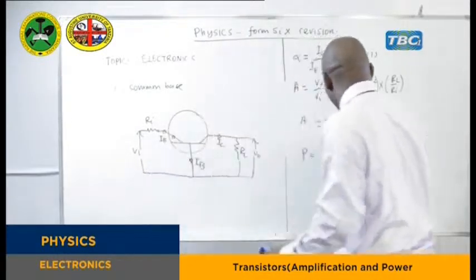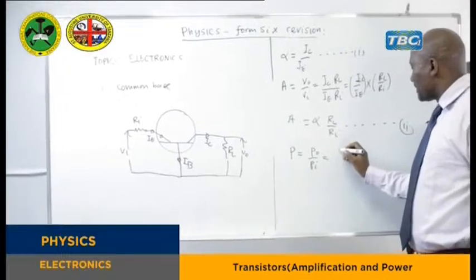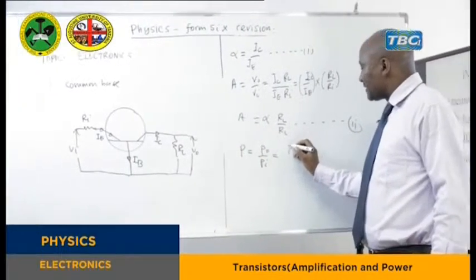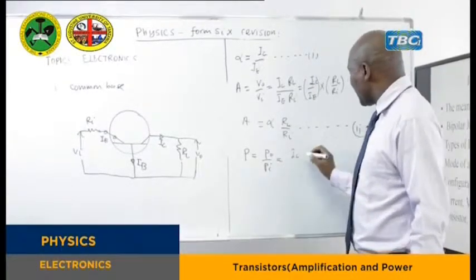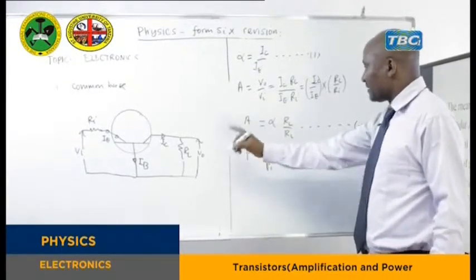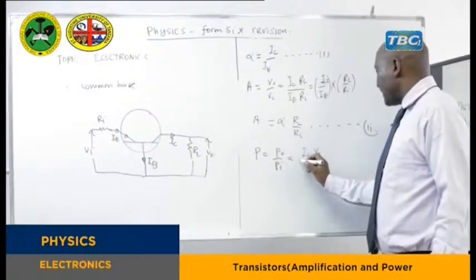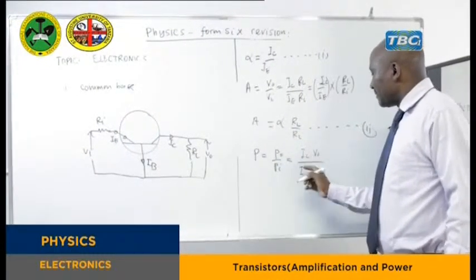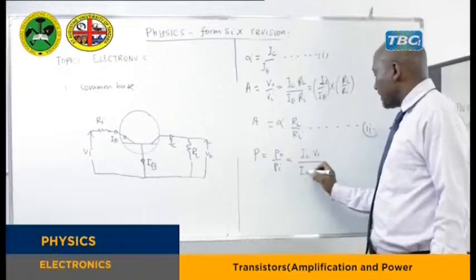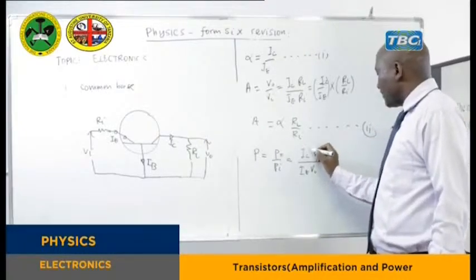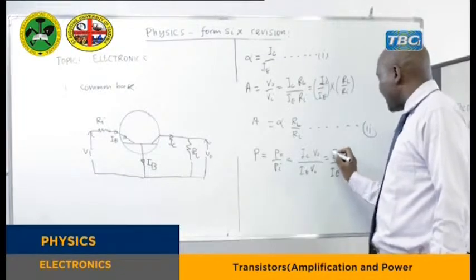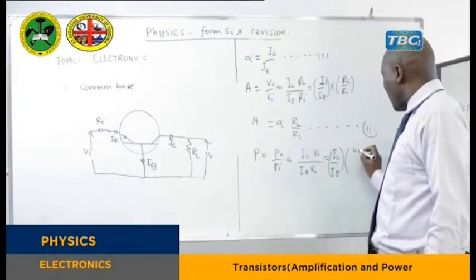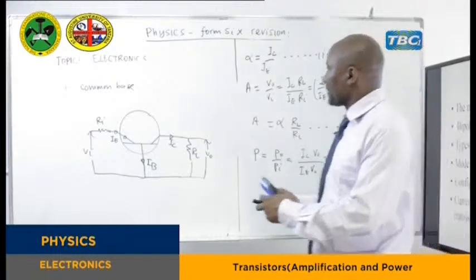For the output power, we have the change of current, which is IC, times the voltage across the load, VO. And for the input, we have IE times the input voltage VI. So you can see this is IC over IE, in brackets, times VO over VI.